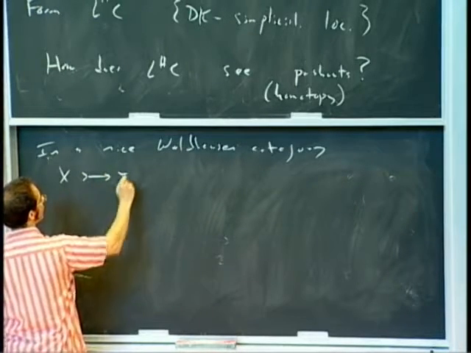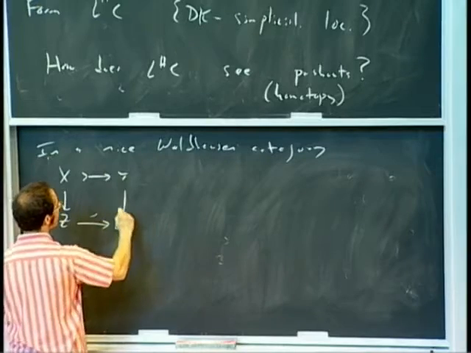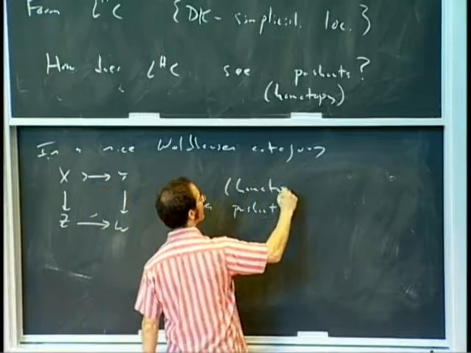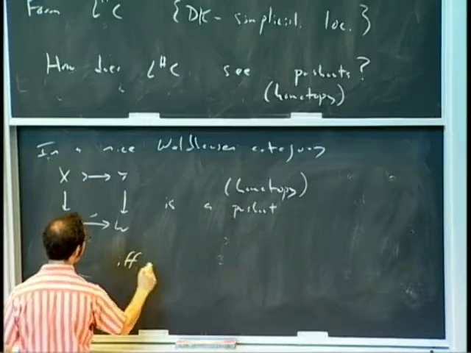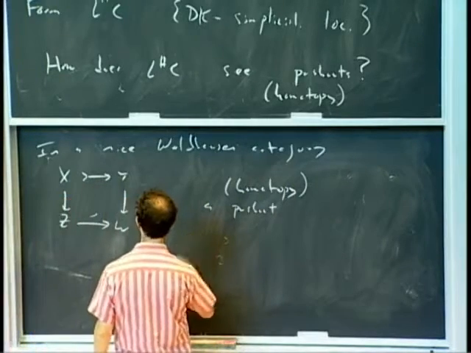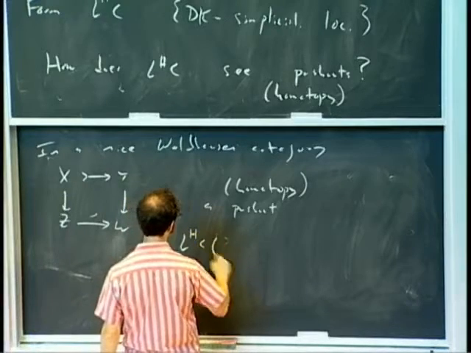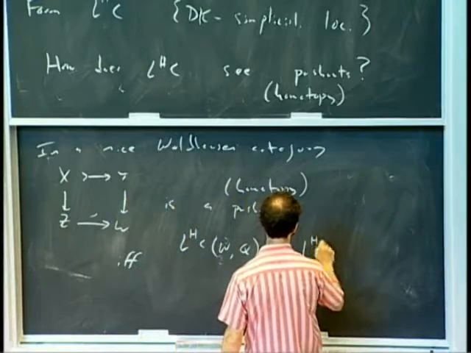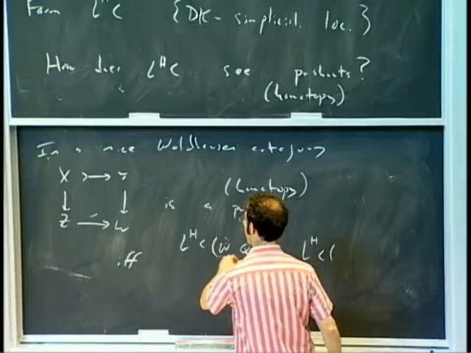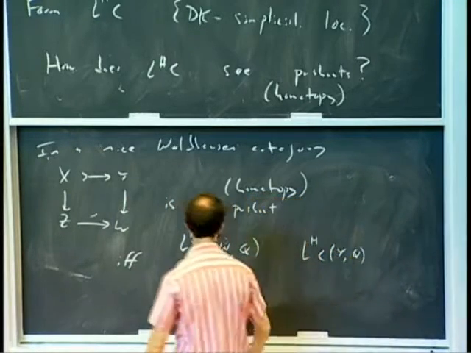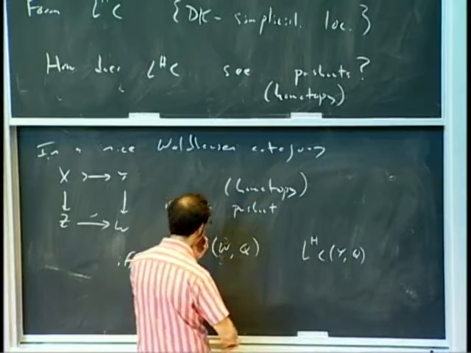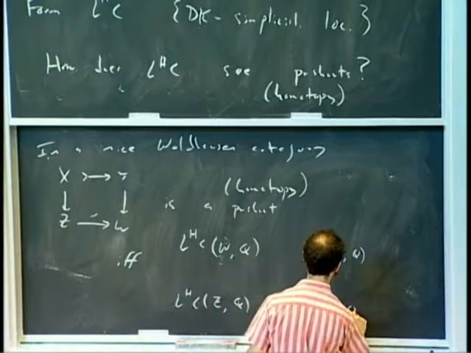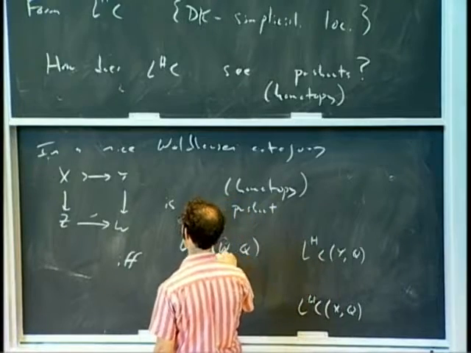A square X to Y, Z to W is a pushout, again I'll say homotopy pushout, if and only if there's an induced square LHC from W to Q, LHC Y to Q, LHC Z to Q, LHC X to Q. And now these maps go in the opposite directions.